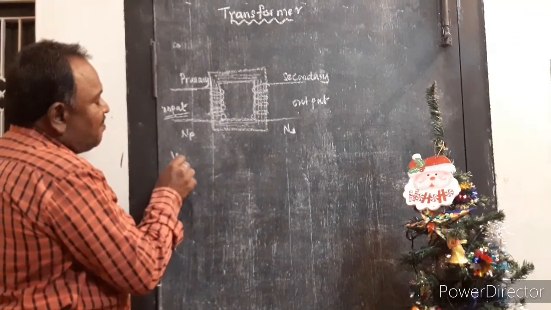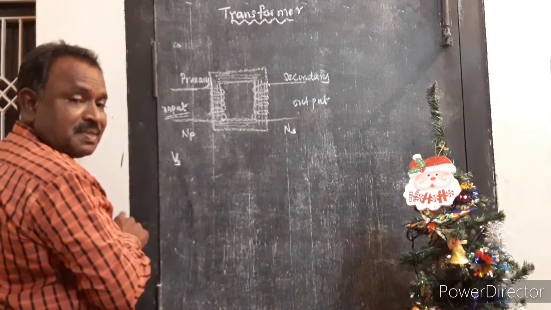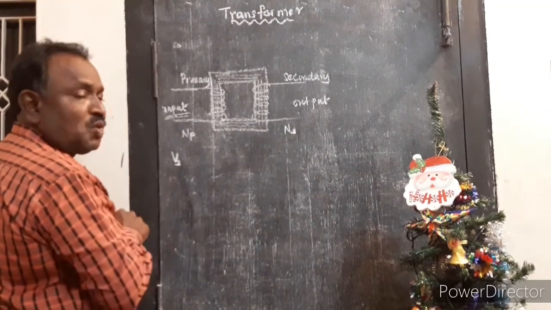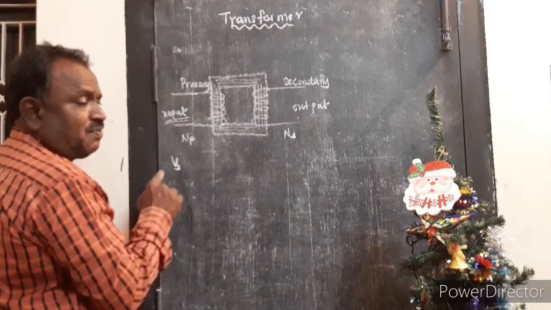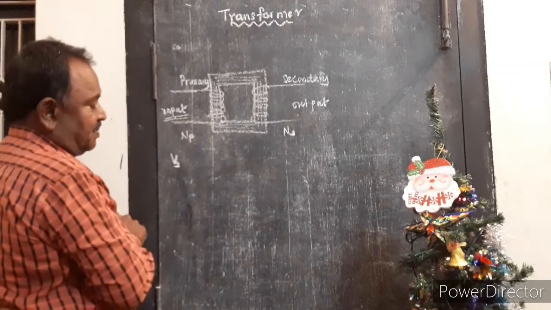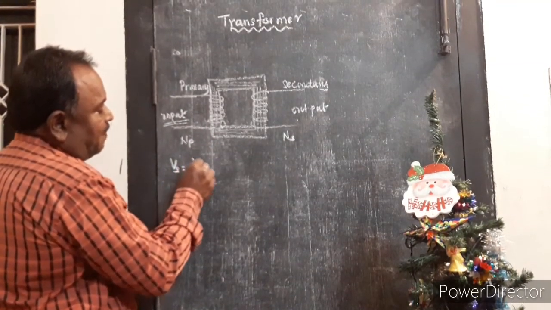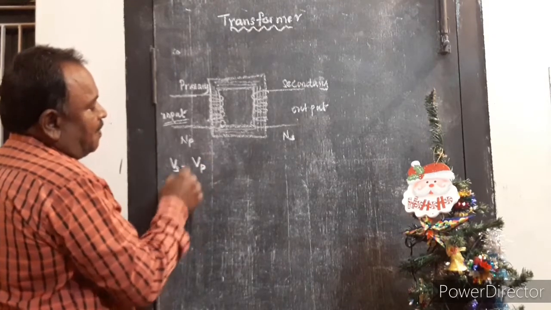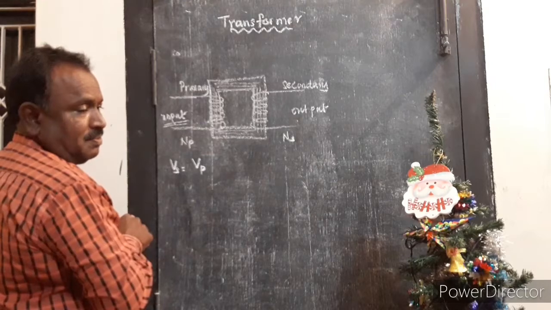Let Vs be the applied input voltage. Since it is an AC voltage, it varies with time and produces a change in magnetic flux. Let Vp be the induced EMF in the primary coil.